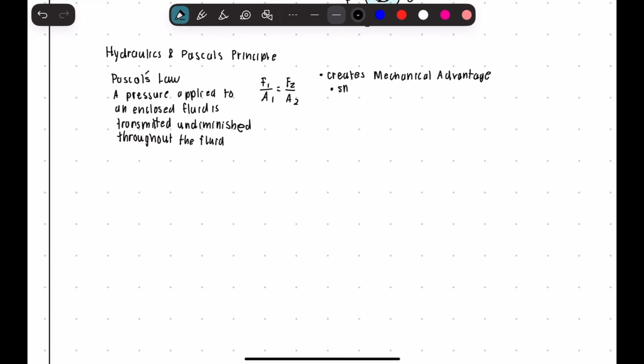Which is the fact that a small force on a small piston is the same as a large force on a large piston.